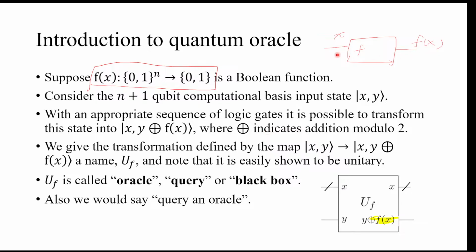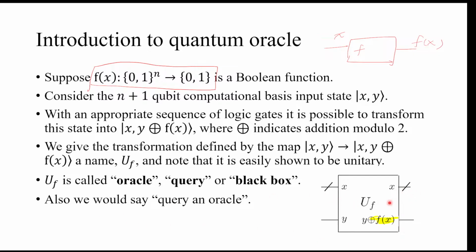Remember, a quantum gate needs to be unitary, and in particular unitaries are reversible. If you just have x go to f of x, and this is not a one-to-one function, f of x might have less information about x. So this is not good. You cannot have this as a quantum gate.